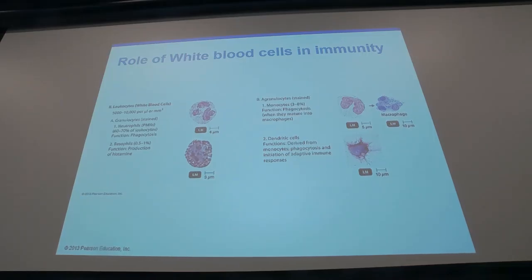It's hard to predict the shape, but that's why it's called PMNs, polymorphonuclear. So it looks like you have more than one nucleus, but it's actually one, and it is continuous in these little spaces.